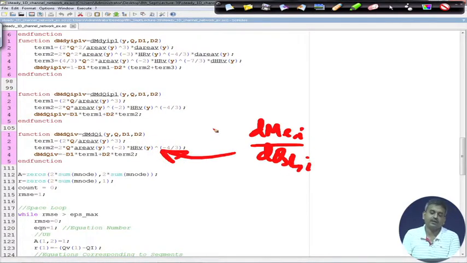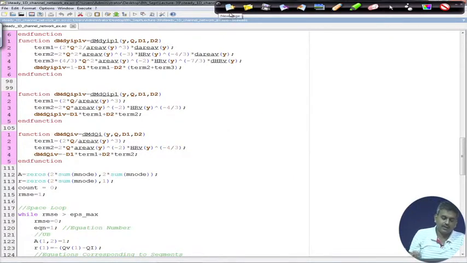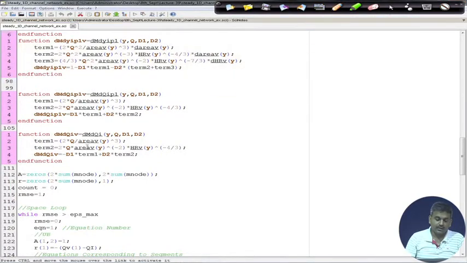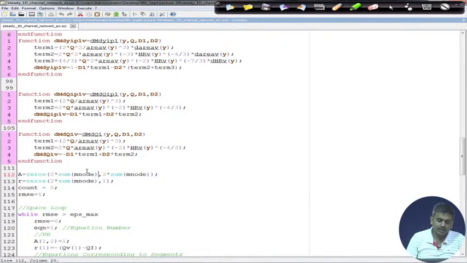Now, after defining these terms, we can start defining our Jacobian matrix. Initialization is with A zeros 2 into some m node. That means, if we have a total of 202 nodes, 101 plus 101, obviously we have 404 variables.